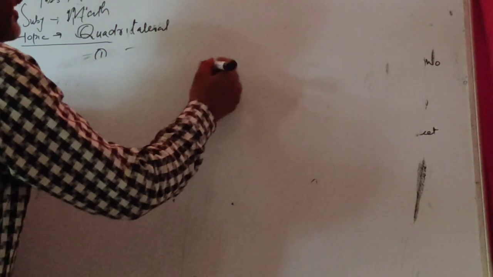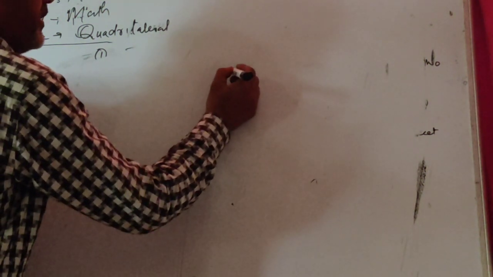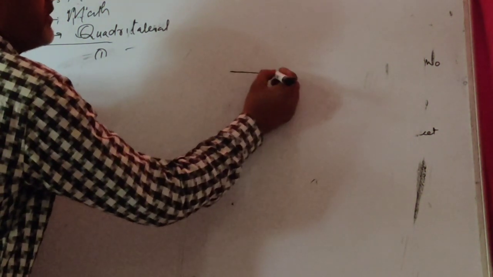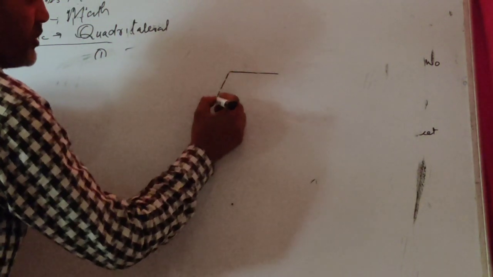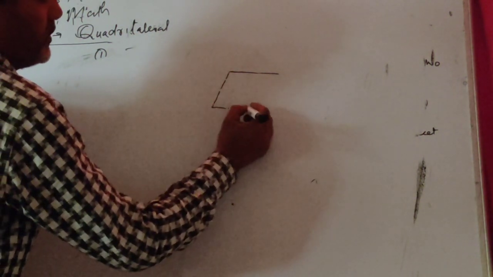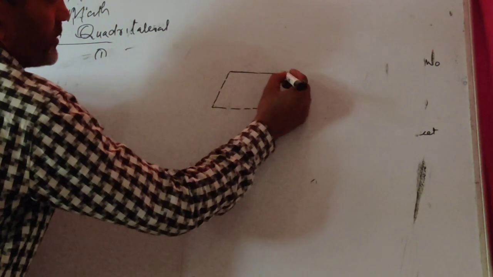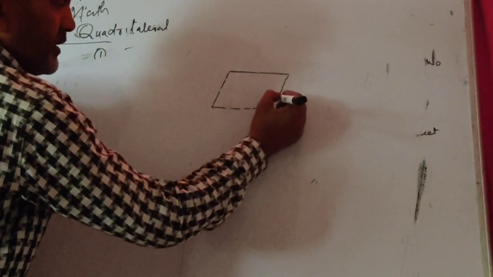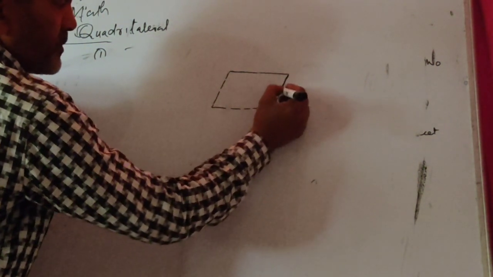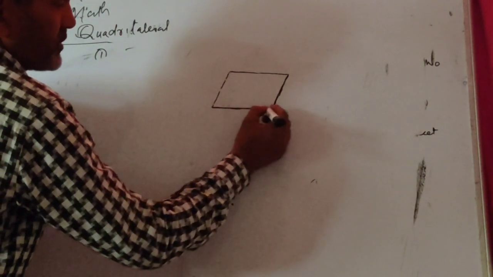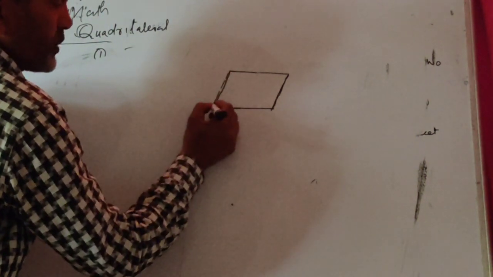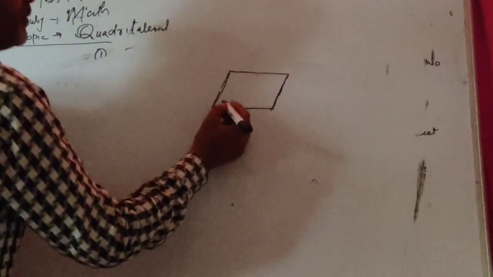Diagonals of a rhombus bisect at right angles. If we have a rhombus, see all consecutive sides equal. The difference between square and rhombus is only that in a square all angles are equal, but in a rhombus opposite angles are equal.